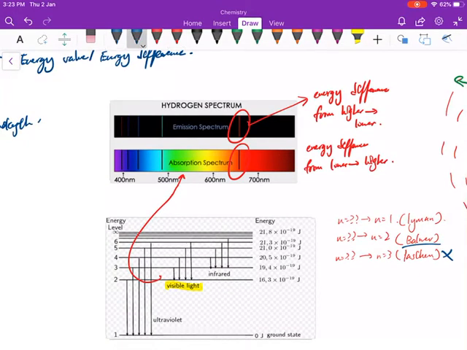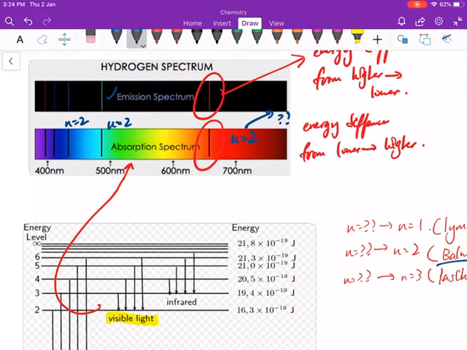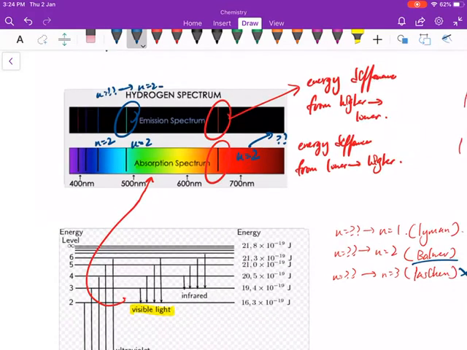All the lines here drop to n equals 2. In absorption, it would be from n equals 2 up to some energy level, but in emission, it's some energy level dropping down to the n equals 2 energy level.